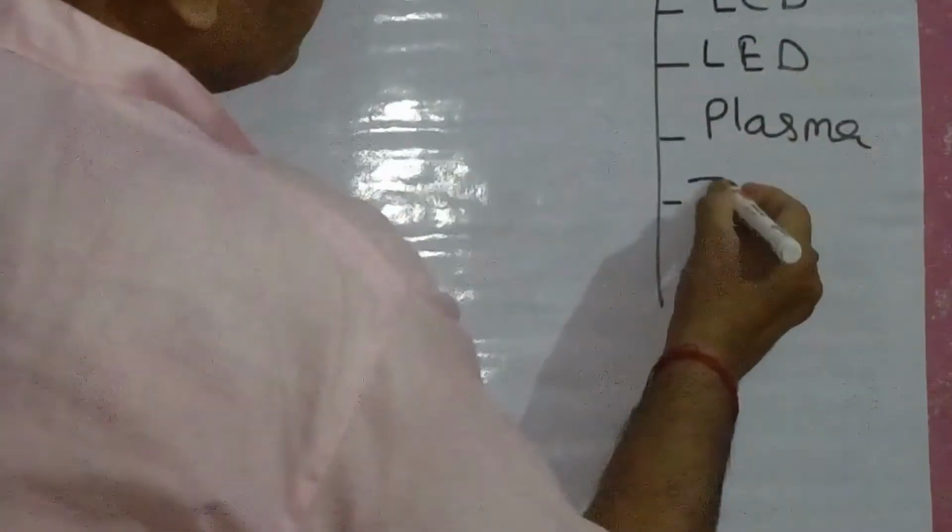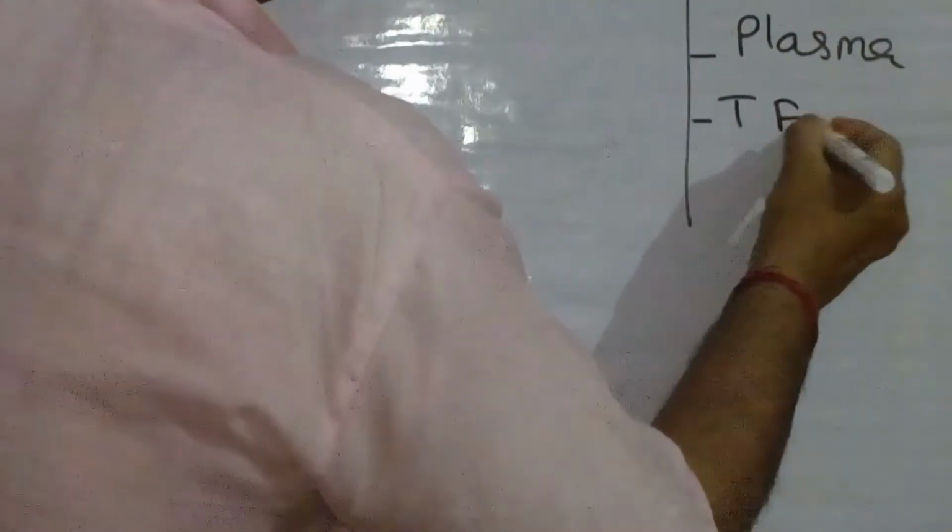Next is TFT. What is TFT? TFT is thin film transistor. In general, TFT is more popular than LED and plasma because of its cost. TFT is cheaper than LED and plasma.